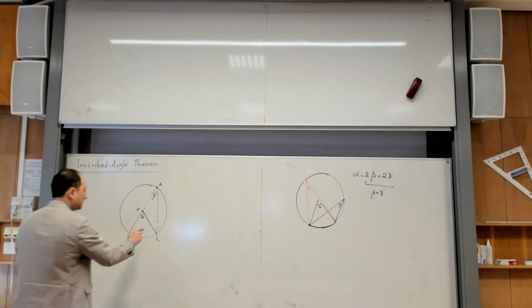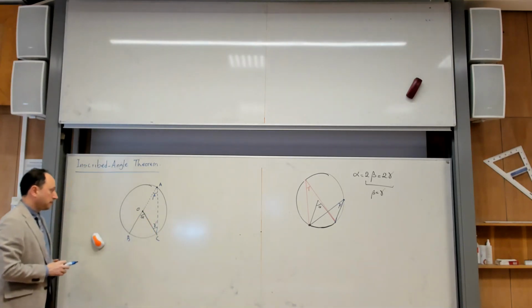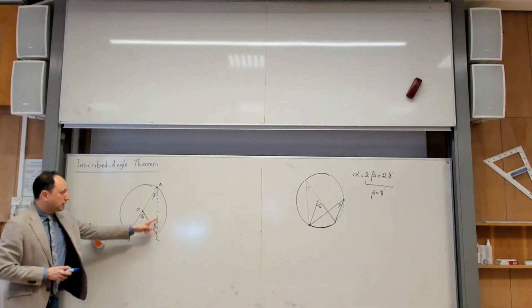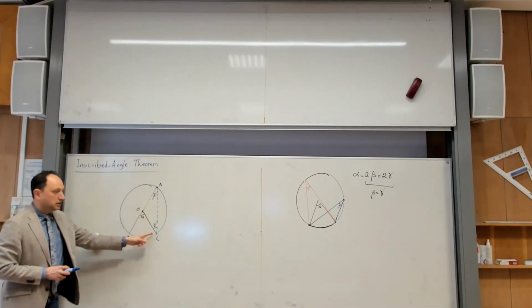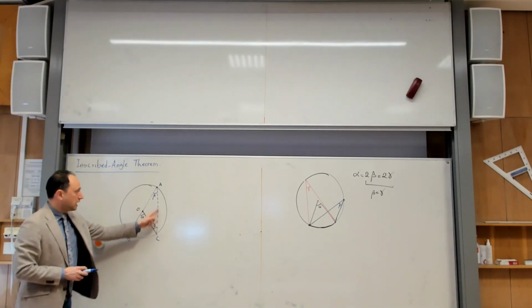Let me give this a name. Let me call this one gamma. But what type of angle is this angle for this triangle? Exterior. Yes, so this alpha is an exterior angle to this triangle.